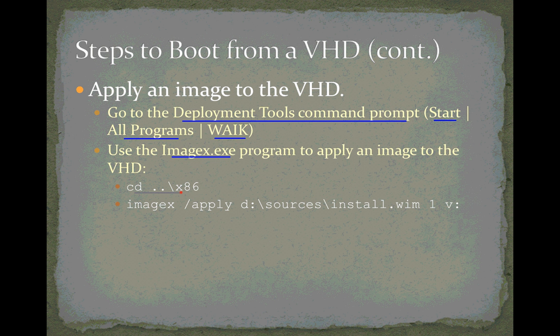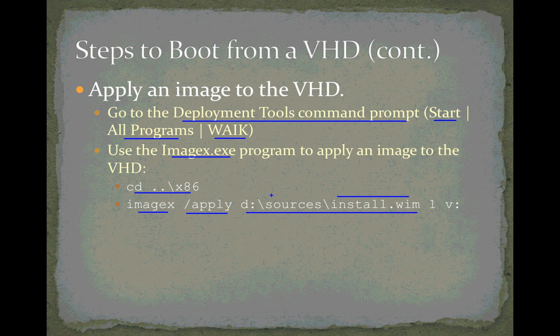We'll have to first change directory up one level to the x86 directory. That's where ImageX is located. Then we're going to run ImageX. We'll give it the apply argument, which means apply a Windows image to a disk. This is the path to the Windows image we're going to apply, and we're just going to use the install.wim file off the Windows 7 installation media.